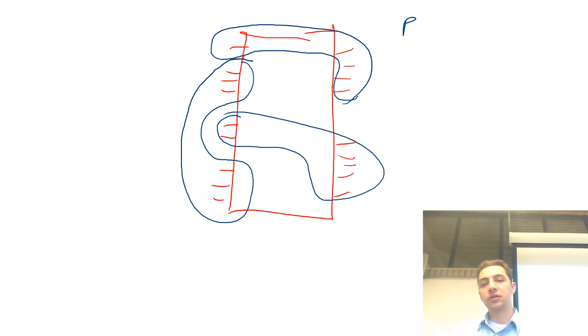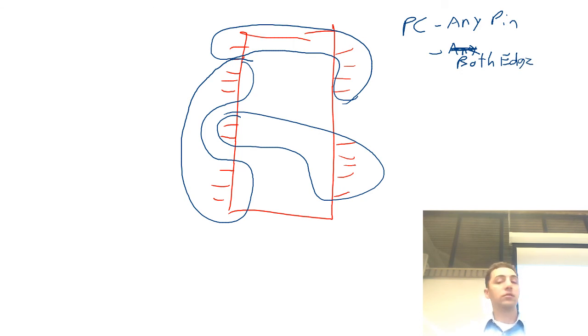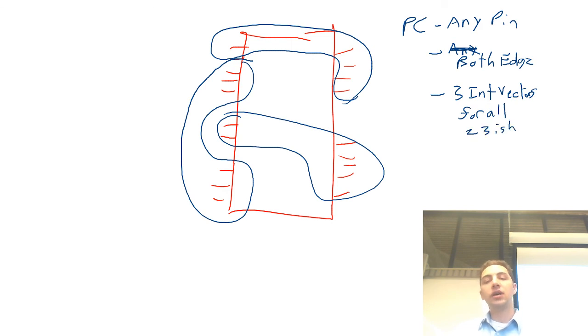Pin change: any pin, and it's always both edges, I should say, both edges. It's non-configurable. Three interrupt vectors for all 23-ish pins. So they're grouped together.